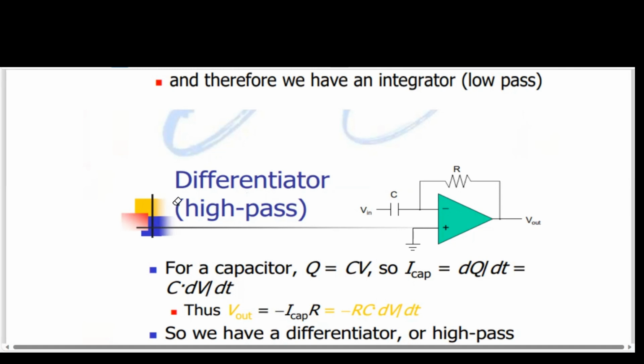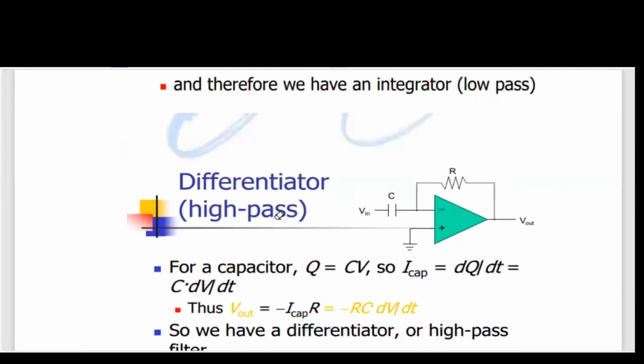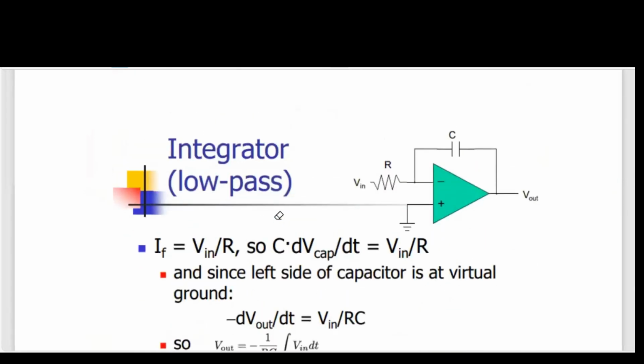Also, a differentiator is a high pass, so it basically allows all the high frequencies to go through. And an integrator is a low pass, meaning it will allow all the frequencies lower than a certain value to go through.